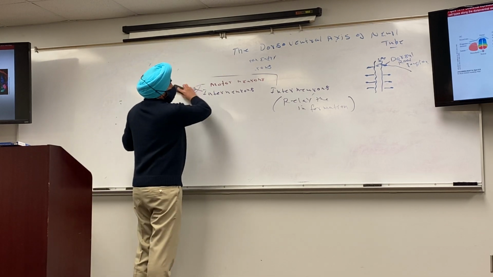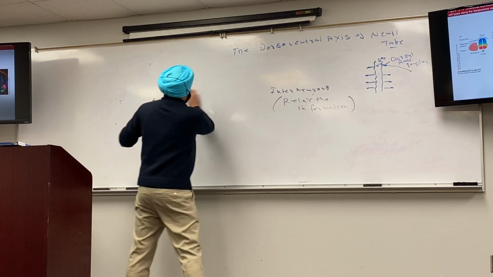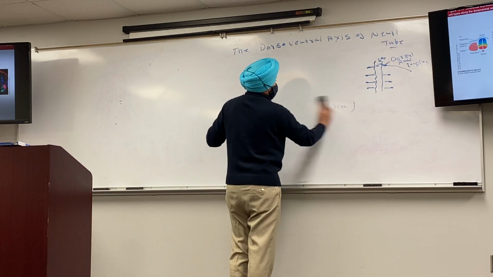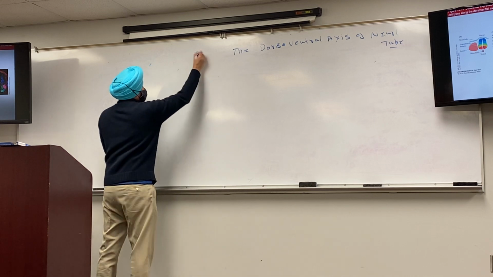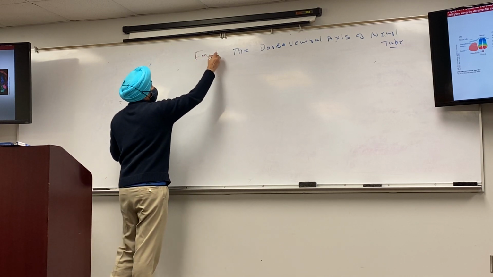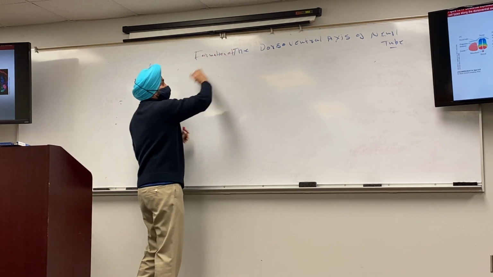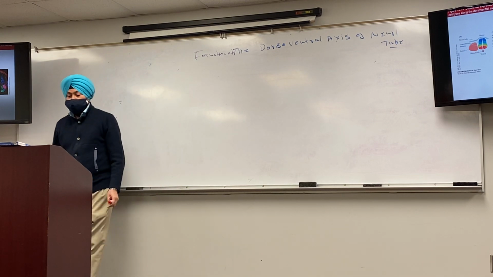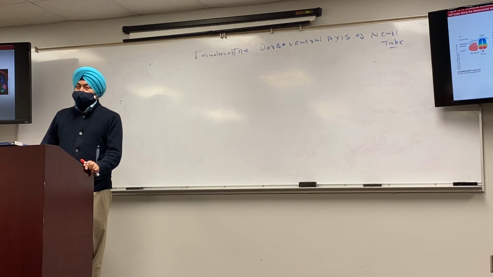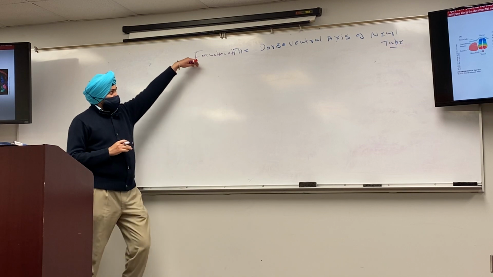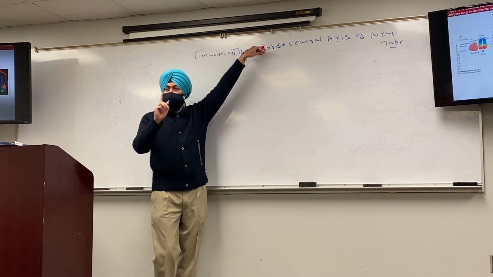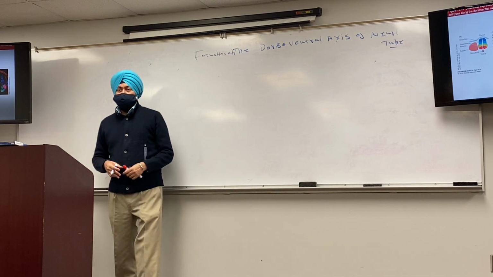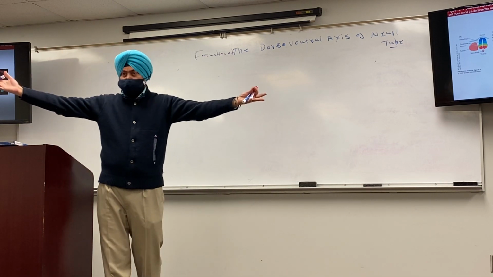And that is what we are going to call the dorsoventral axis of the neural tube, and we're talking about the formation of the axis. This dorsoventral axis is specified by signals which are coming from the surroundings.